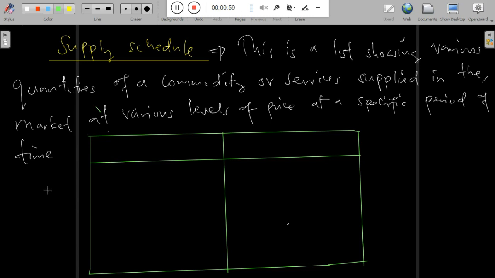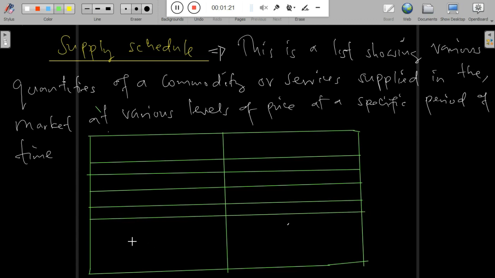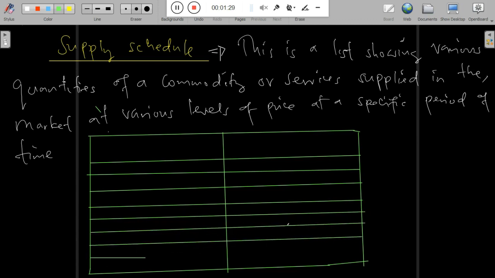On the left hand side we have the price level, and on the right hand side we have the quantity supplied. When you sketch up this table, this is a supply schedule that presents the data with the price level on the left hand side and the quantity supplied as well.